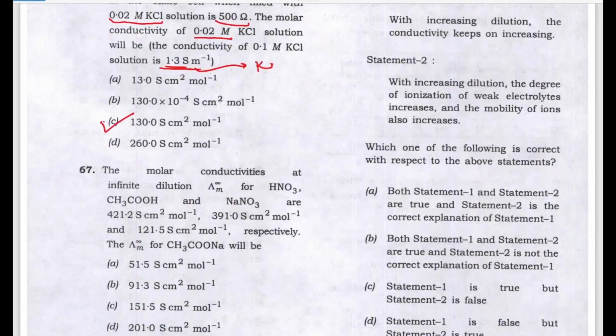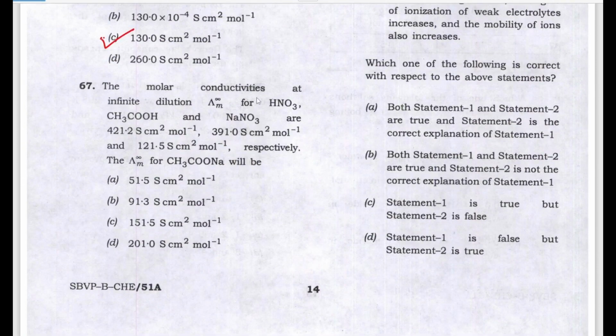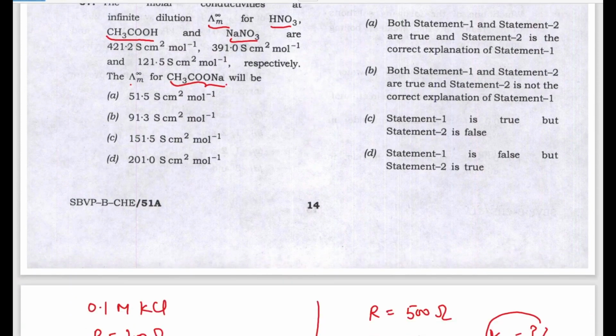In the next question, the molar conductivities at infinite dilution for nitric acid, acetic acid and sodium nitrate are given. We have to find molar conductivity for sodium acetate. We know that acetic acid will react with the sodium nitrate and will give sodium acetate and nitric acid.